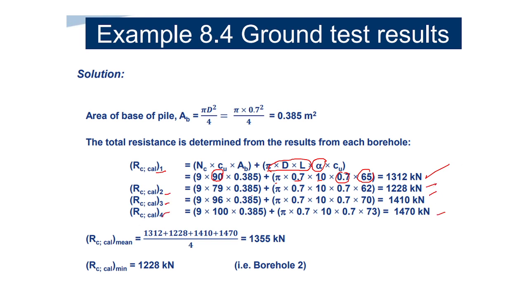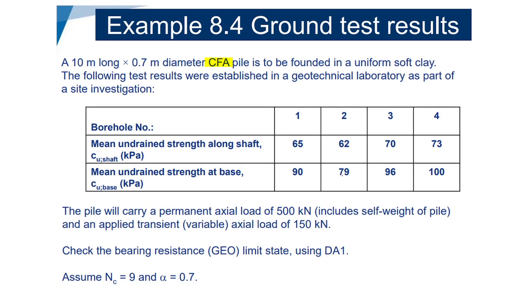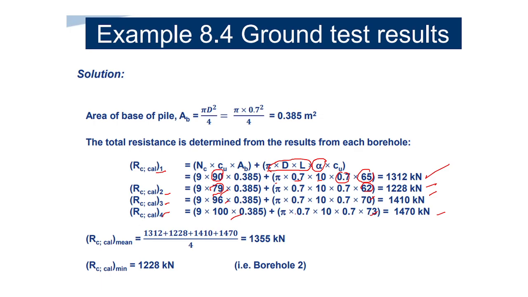You see it changes only with its undrained strength. Okay, this one is at the base, and this one is at the shaft, which is already given here. It's coming from the test results in the laboratory. So the mean that you will have, summing those four, or just the average, sum up and then divide by 4, then you have here the value.